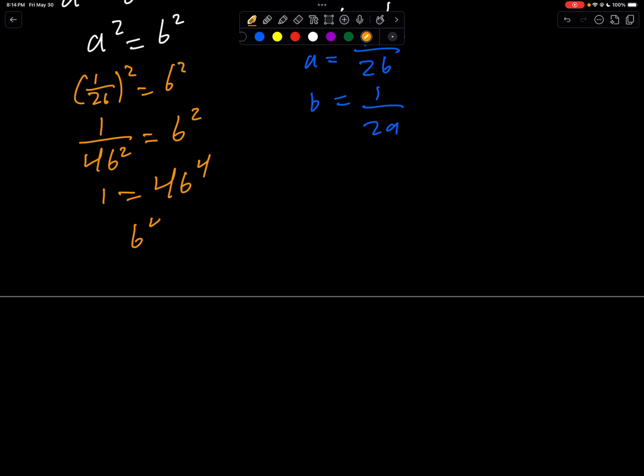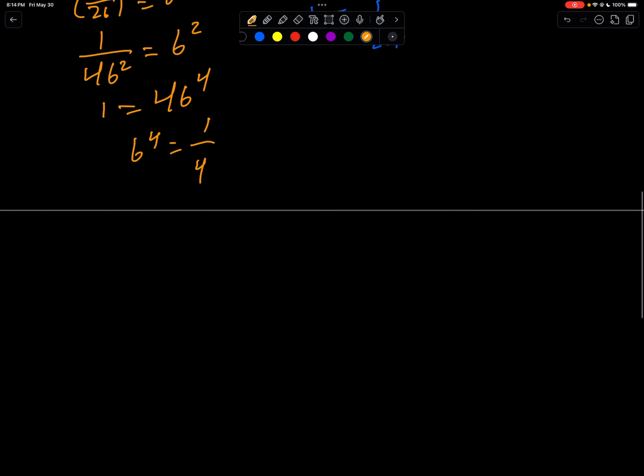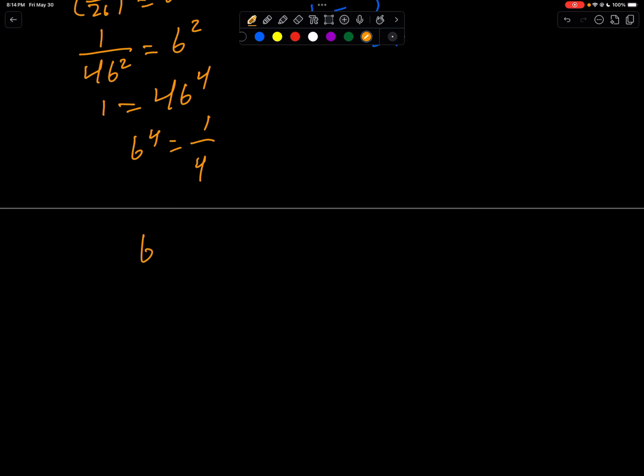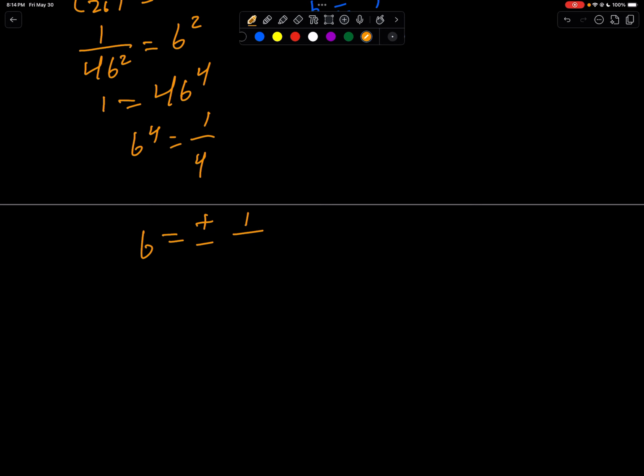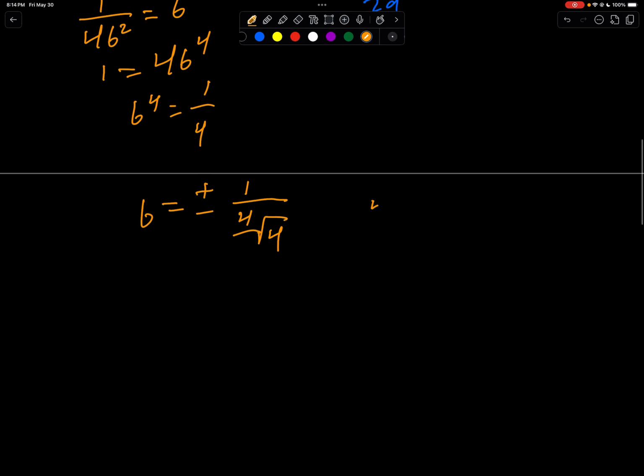b to the fourth equals 1/4. So then we'll have b equals plus or minus 1 over the fourth root of 4. And we can actually simplify the fourth root of 4 here, because remember, the fourth root of 4 is just 4 to the 1/2.